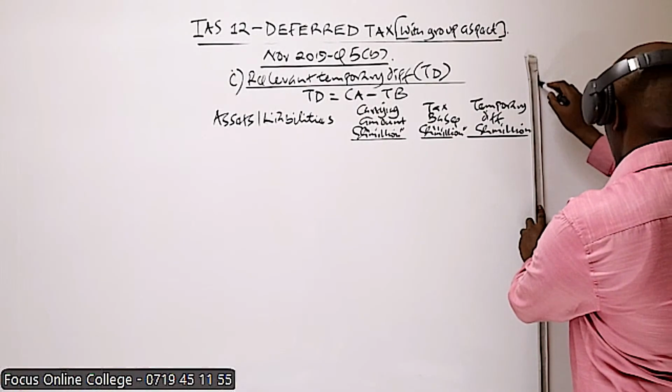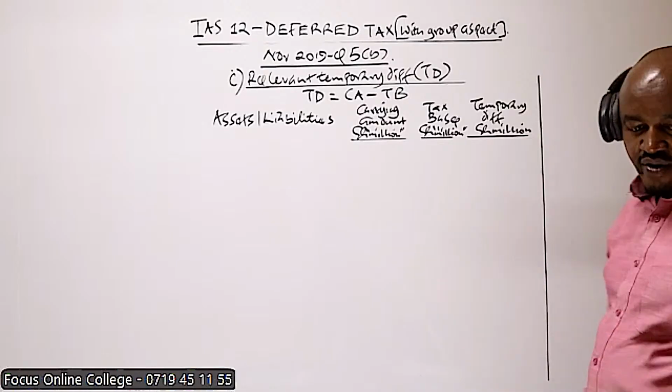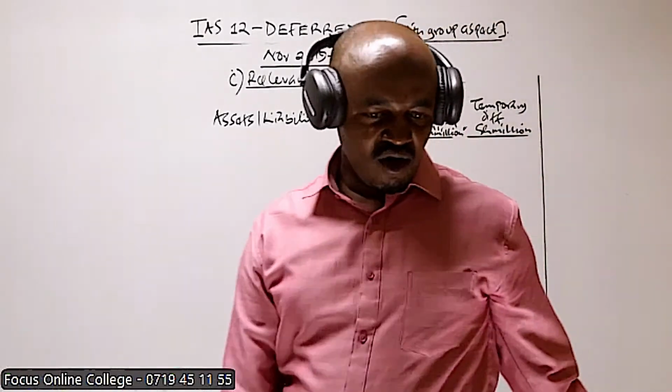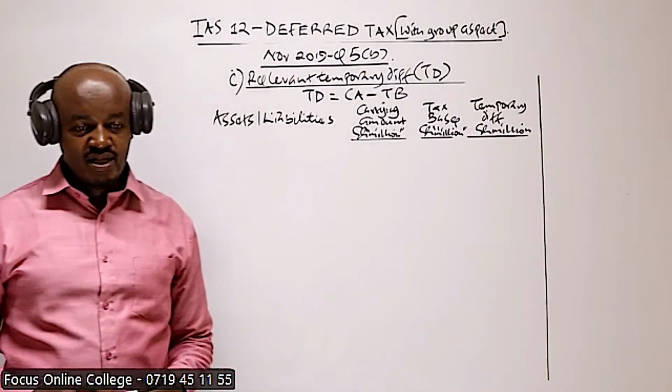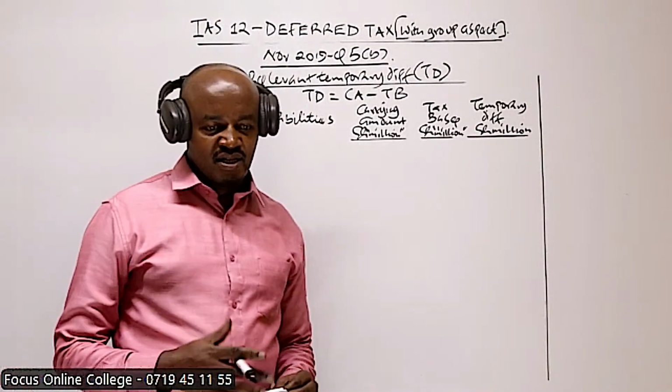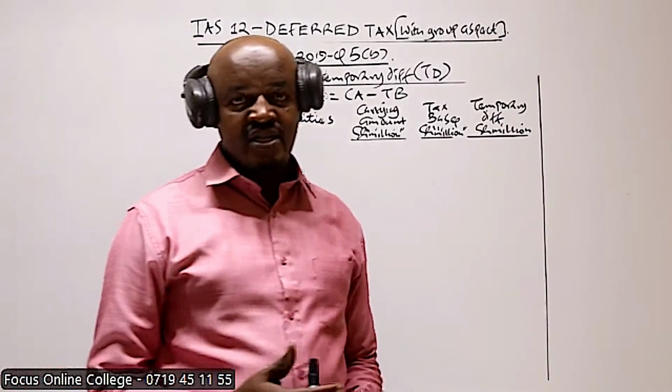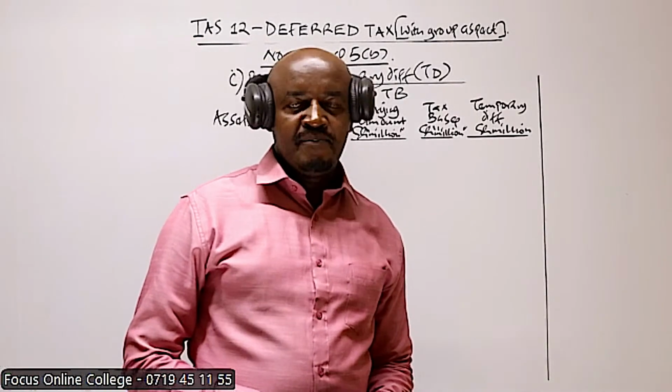So in that note number one, we are given financial assets. I hope you can recall in the topic of financial instruments, we said a financial asset is basically an investment in an equity instrument or an investment in a debt instrument.